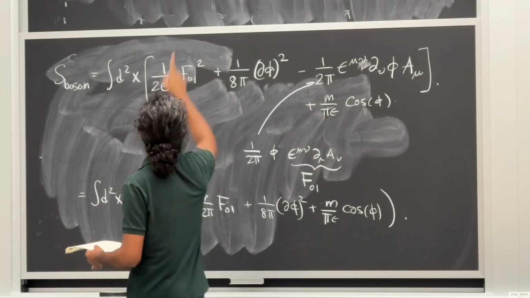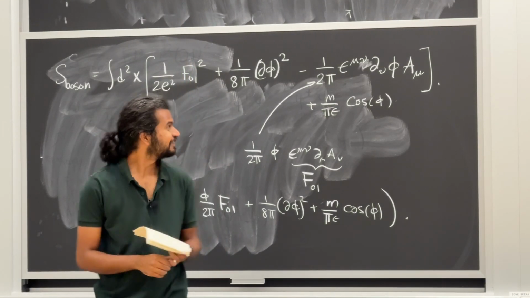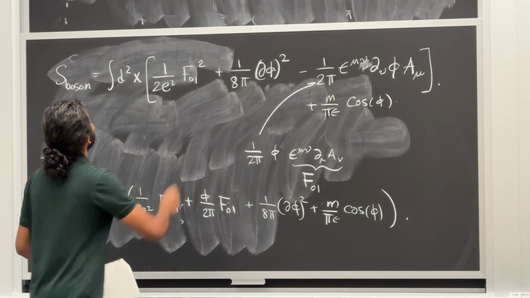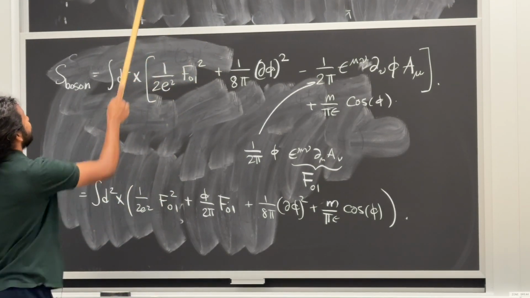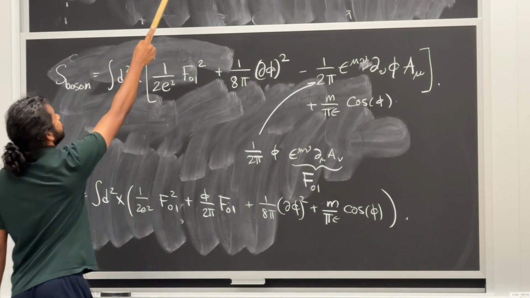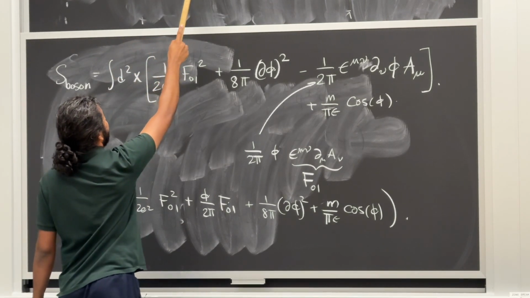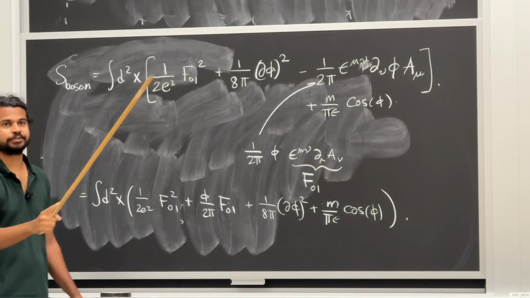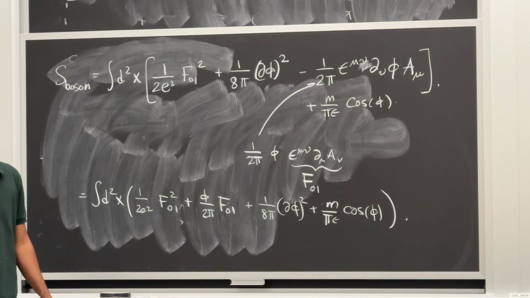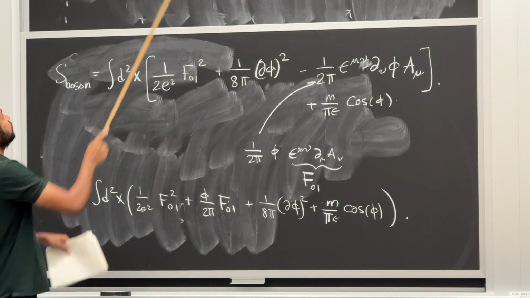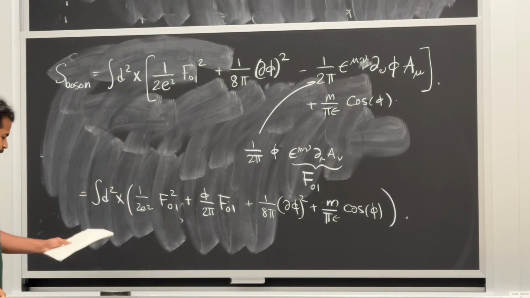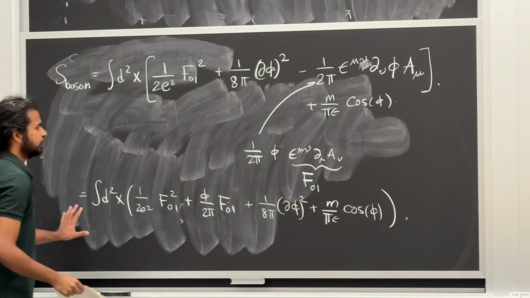Okay, let me put a 4 over there. Okay, so that's a 4. What Gary was saying is that this is a 4. So f01 and f10 are both non-zero, but they are both equal. So 2 times that, so that makes it 1 by 2. But just that here, this should be a 4.